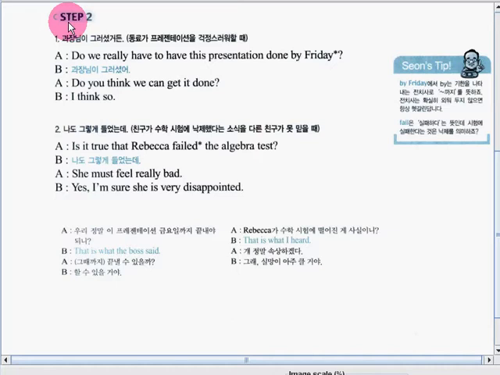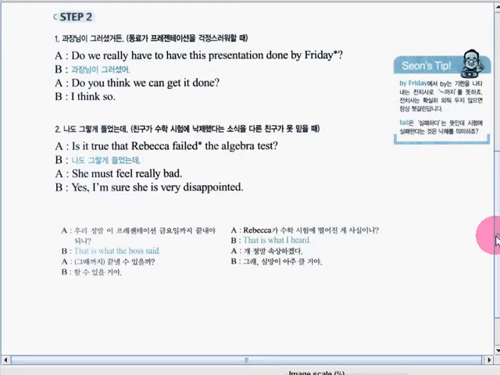Do you think we can get it done? Very good. Now let's go into number 2. Is it true that Rebecca failed the algebra test? She must feel really bad. Very good.